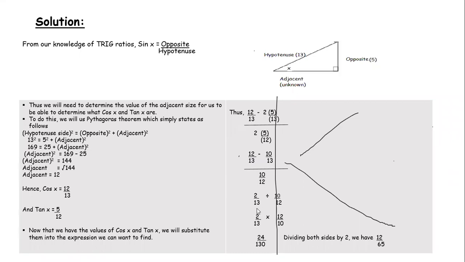In the rules of division, we reverse the fraction on the right-hand side. So this becomes 2 over 13 multiplied by 12 over 10, which gives us 24 over 130. If we divide both by 2, we have 12 over 65.